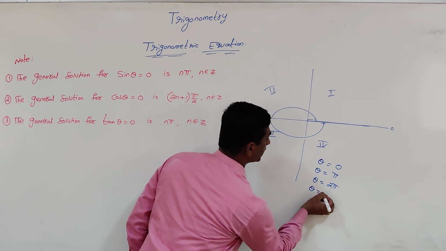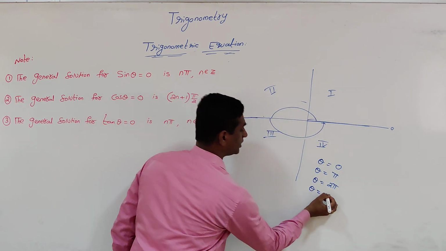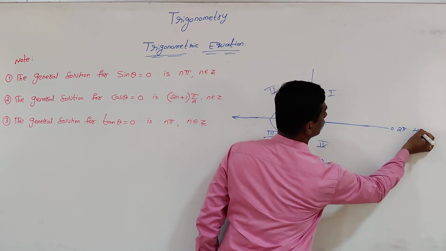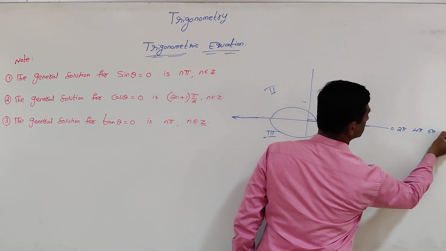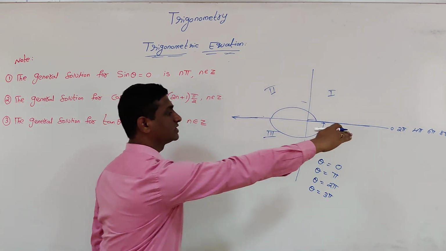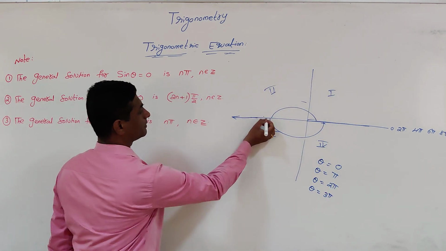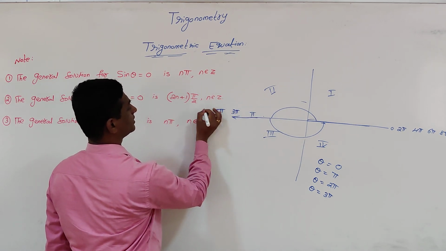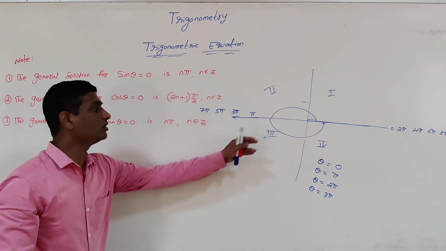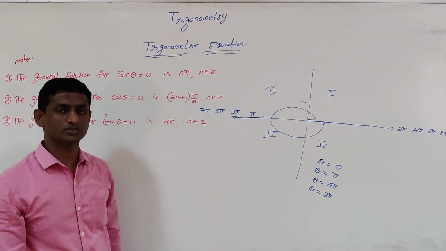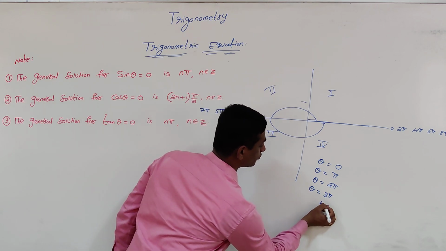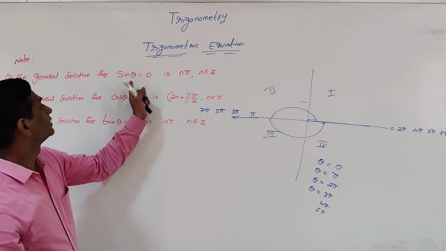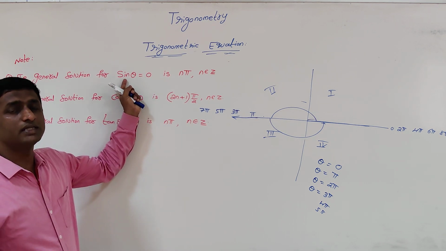Again, if you rotate, it comes to 3 pi, that is 0, 2 pi, 4 pi, 6 pi, 8 pi, which lie on the positive x-axis. Coming to pi, 3 pi, 5 pi, 7 pi, all lie on the negative x-axis. So 3 pi, 4 pi, 5 pi, all values satisfy that sin theta is equal to 0.